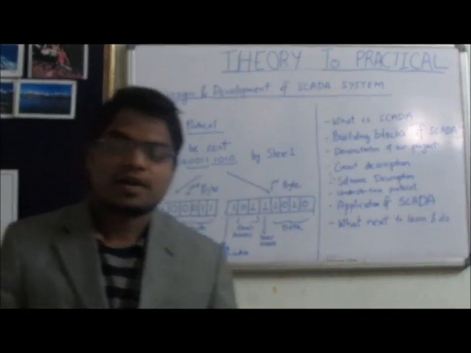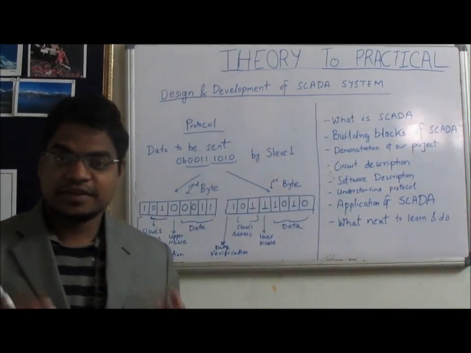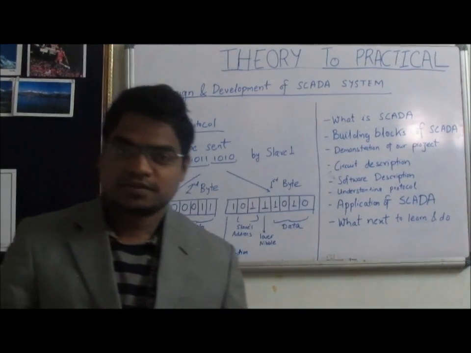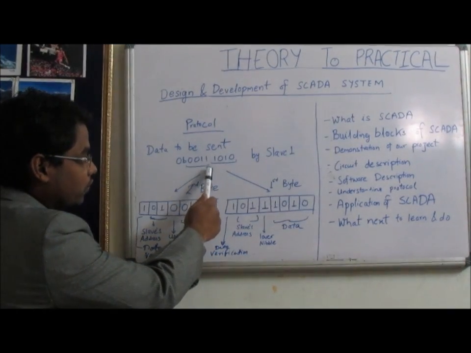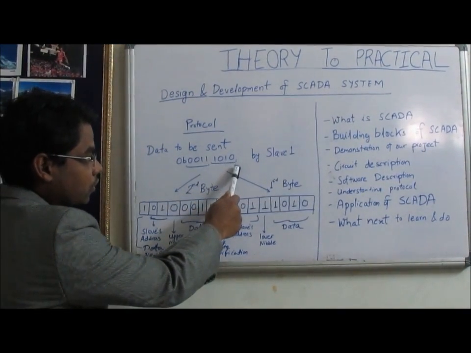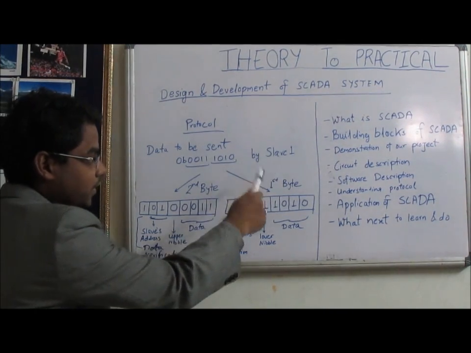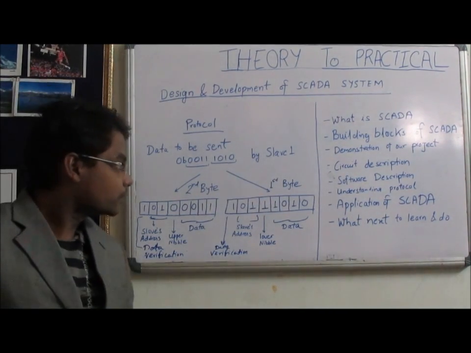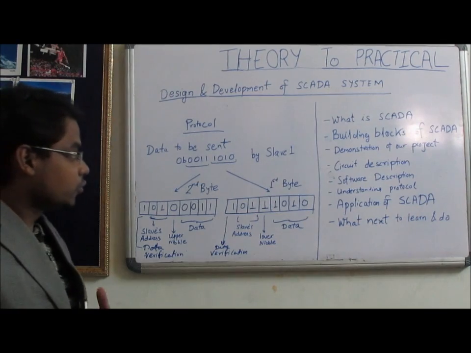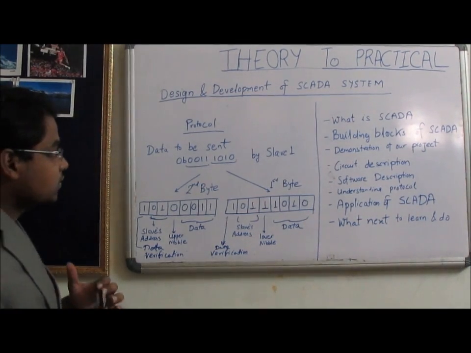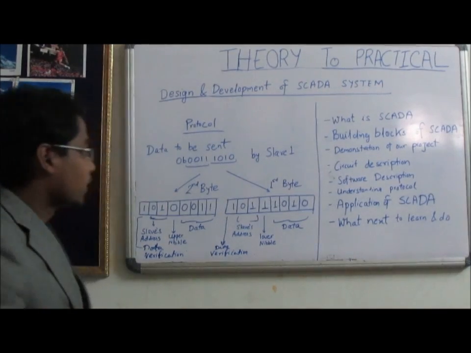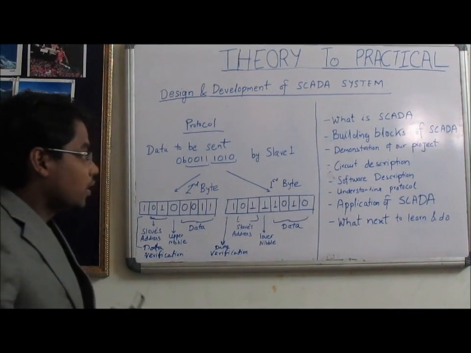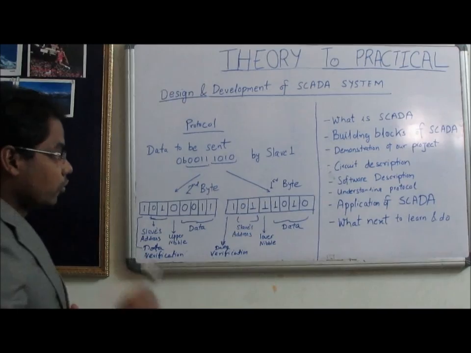Now we will see how slave will set its data by an example. Suppose the data to be sent is 0B00111010, and now slave 1 is sending. So what slave 1 will do, it will divide its 8-bit data into 2 sets of 4-bit data, which we call the upper nibble and the lower nibble.